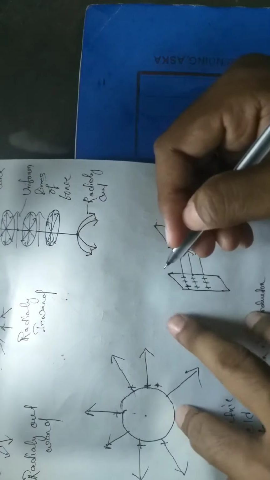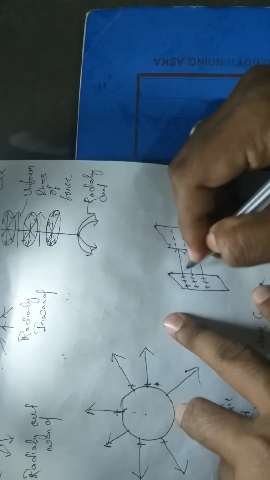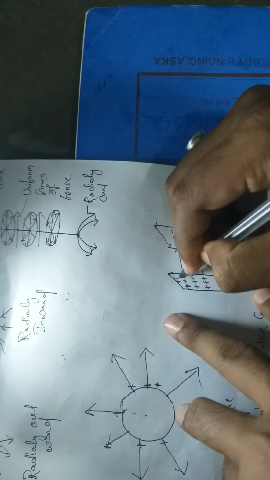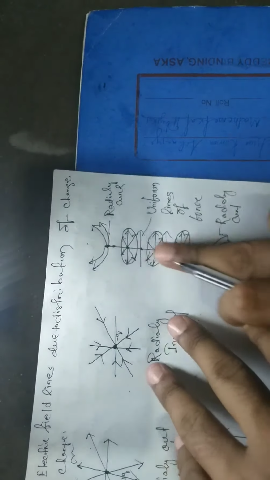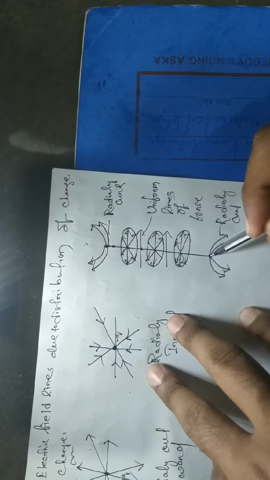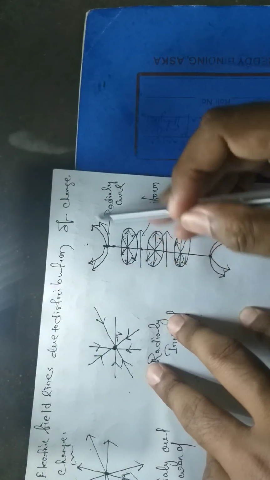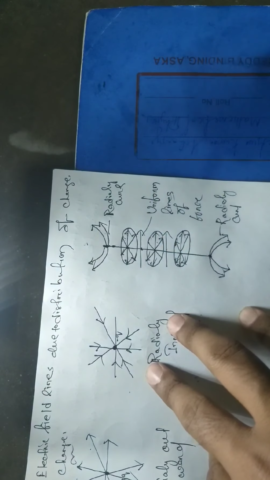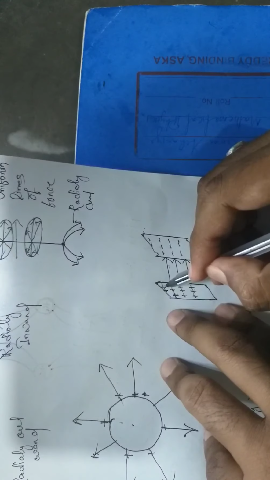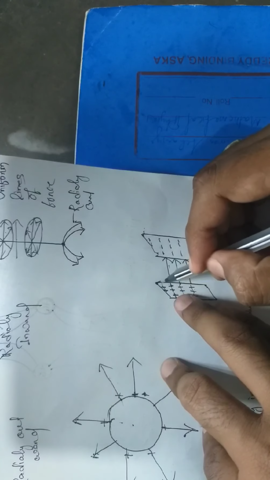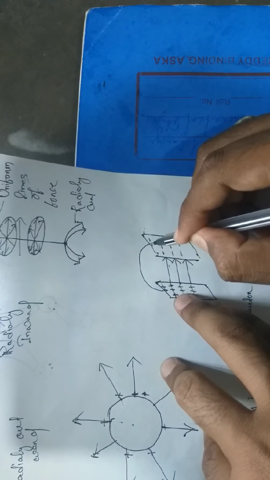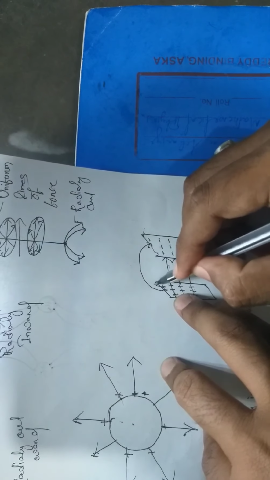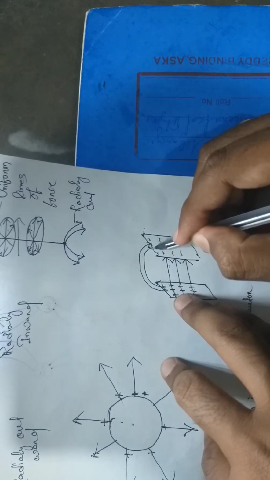But near the edge of the plane sheet, that is plus and that is minus. We know in a line charge, the end points of the lines of force become radially curled in nature. The same thing happens on the plane sheets, where the charges are present near the edge of the conductor. They generate lines of force, and those lines of force are curled in nature.